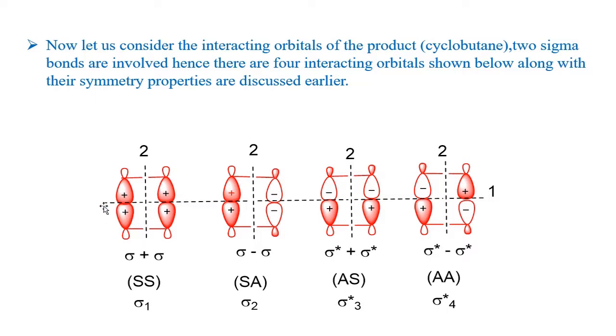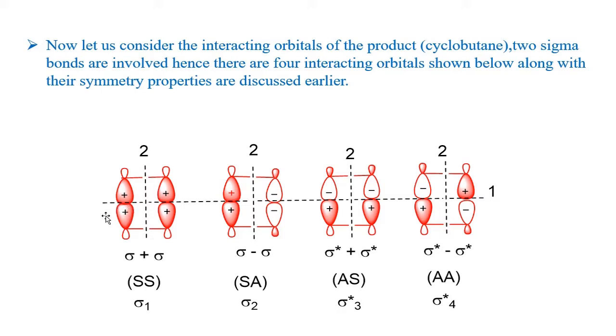See, in the first case, here sigma molecular orbitals are combined, or this combination is addition combination, sigma plus sigma, plus plus plus plus. So addition combination of sigma molecular orbital.